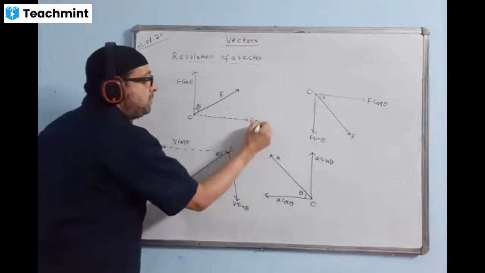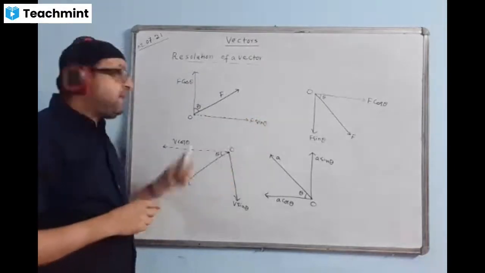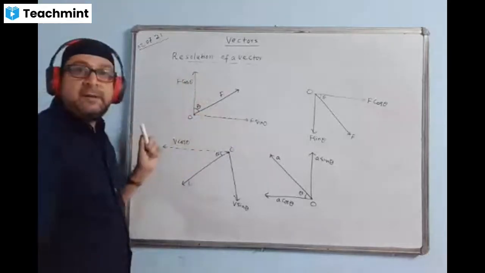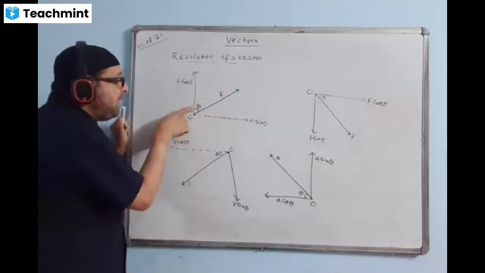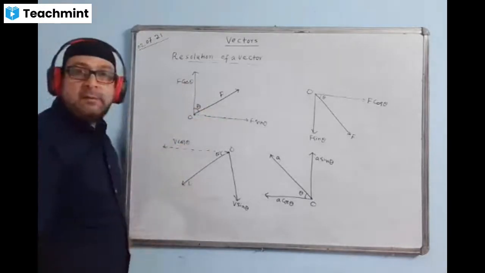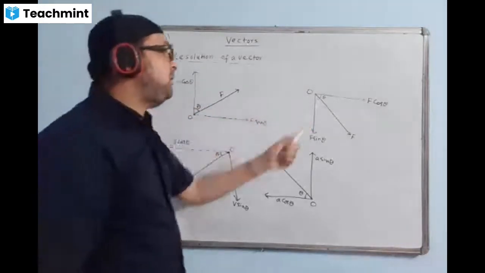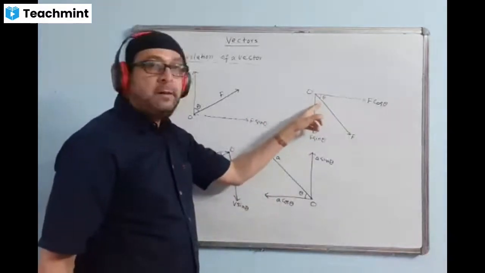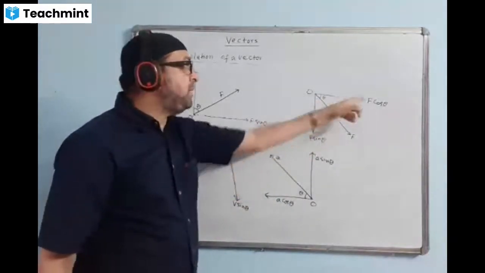Just opposite. Wherever the angle is, that component will come in cos, and the other one will come in sine. Similarly, here also the change will take place if the angle theta is with the vertical, so this will come in cos form and this will come in sine.